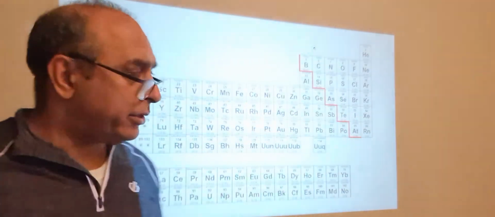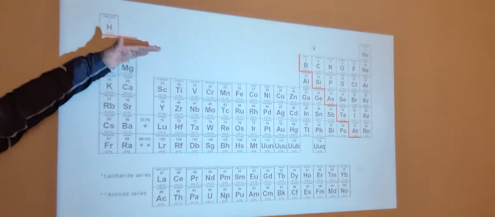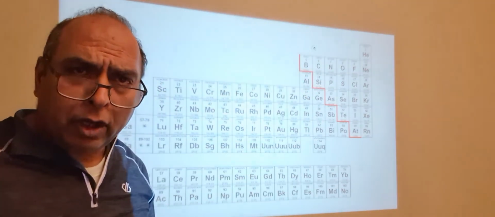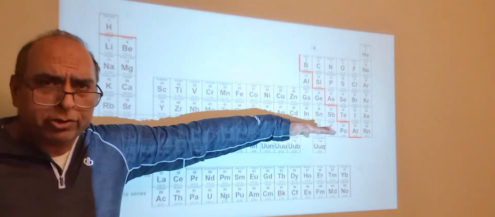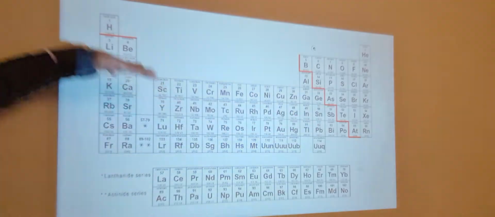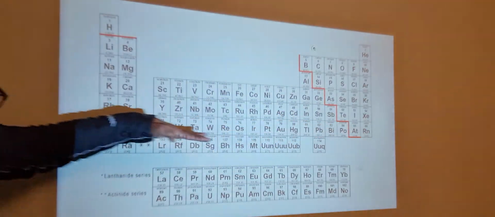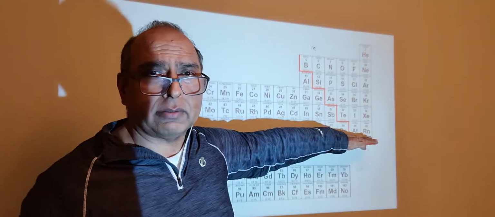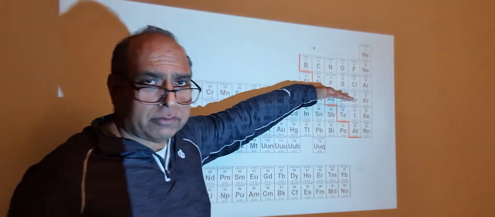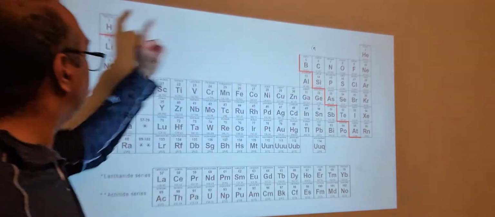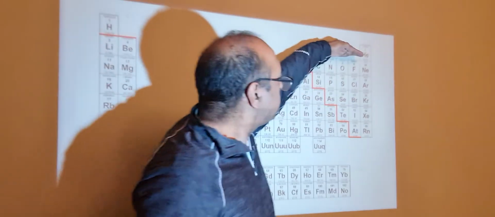Okay, so next I want to talk about not the vertical columns, but the horizontal rows. Now the horizontal rows in chemistry are called periods. So periods, the first period is very, very short.